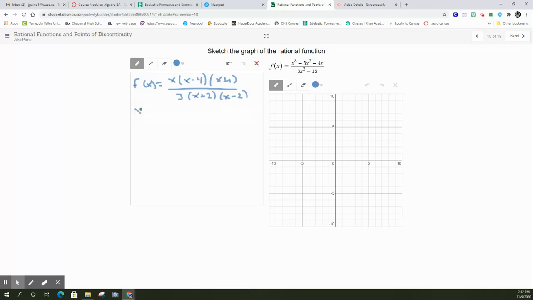But my x-intercepts, I have 3 of them. That's going to be 0, 0, 4, 0, and negative 1, 0. So I can plot those right now: negative 1, 0, 0, 0, and 4, 0. I'm going to have 2 vertical asymptotes at x equals negative 2 and x equals positive 2.